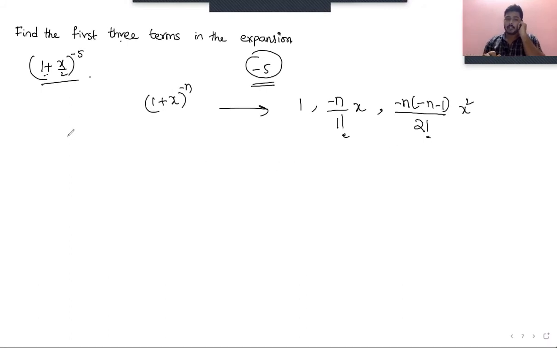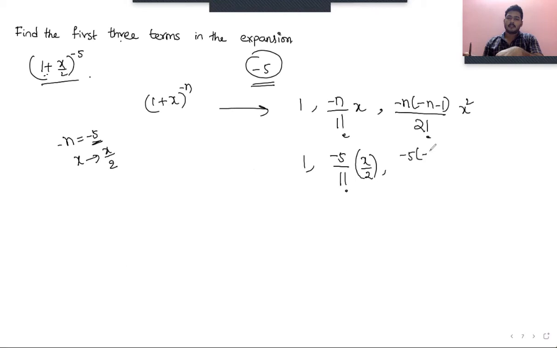Now in our given case, minus n equals minus 5, and x is substituted by x by 2. So the first term will be 1, the second term will be minus 5 by 1 factorial into x by 2, and the next term will be minus 5 into minus 5 minus 1 divided by 2 factorial into (x by 2) whole square.